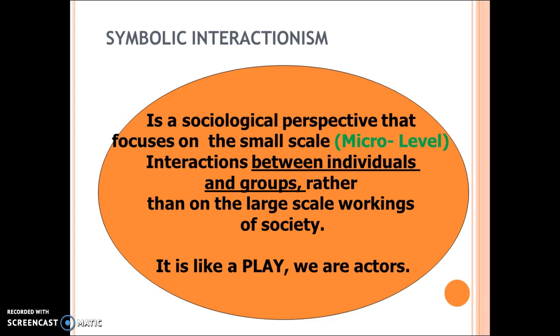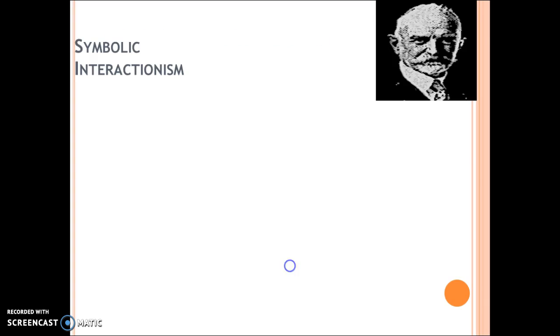Think of it a little bit like Facebook. Your Facebook is not a true reflection of you. You've self-edited it to put yourself in the best possible light. So that is you acting like an actor or actress in a play, performing for society, and this is what this theory is trying to explain.